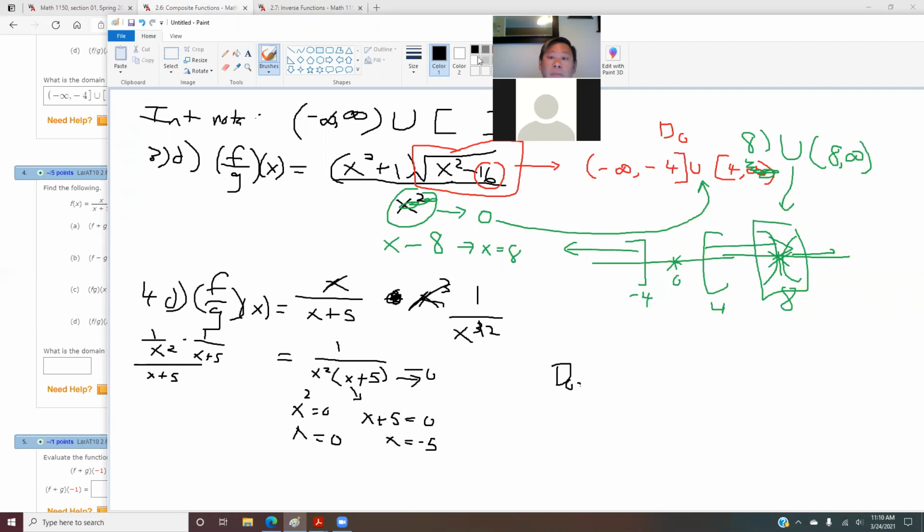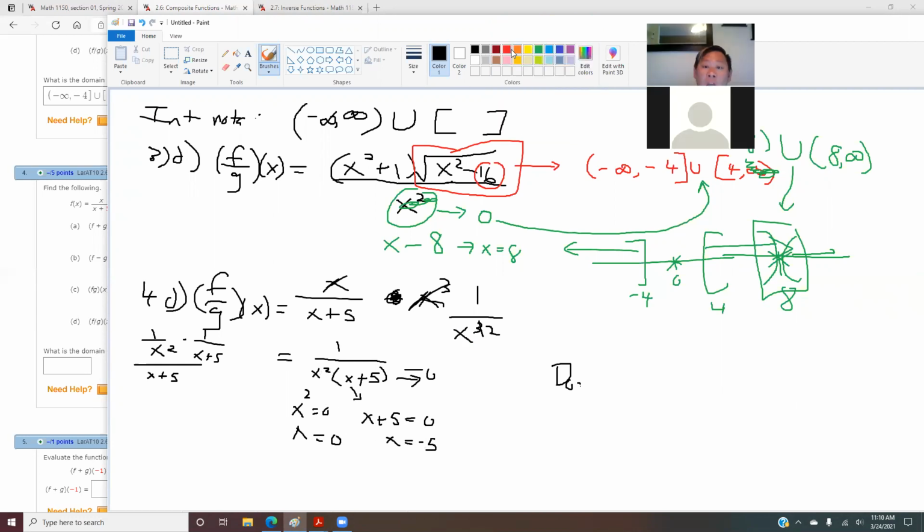So that means that x in this case cannot be 0, and it cannot be -5, because if you plug that into f over g, your denominator is 0. If you look at the number line, 0 cannot be included, -5 cannot be included. Everything is good except these two.